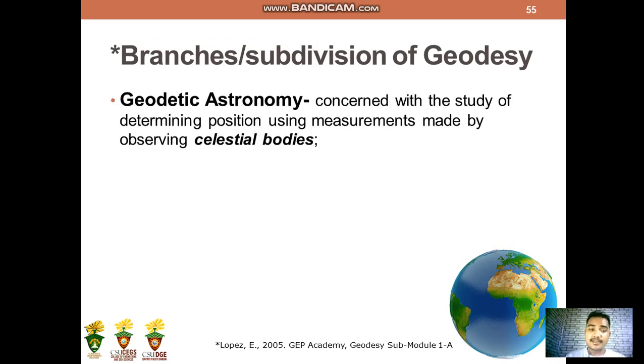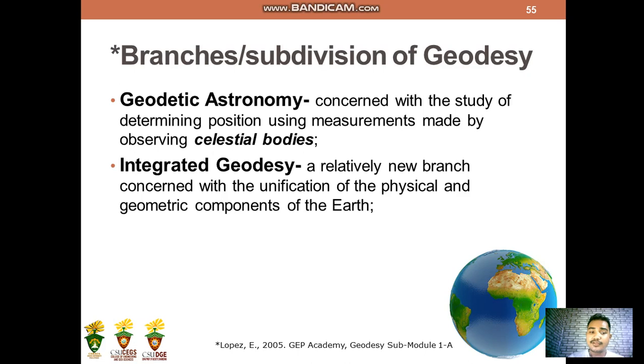According to Lopez, there is another branch of geodesy, which is geodetic astronomy. Geodetic astronomy is concerned with determining position using measurements made by observing celestial bodies. So it deals with locating points on the surface of the Earth using celestial bodies, which consist of stars, quasars, and other heavenly bodies.